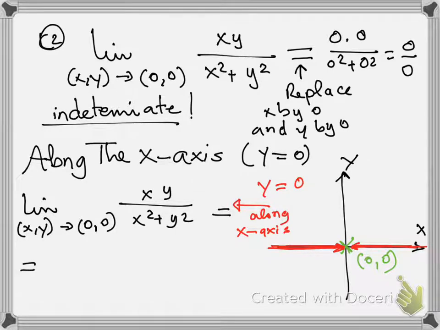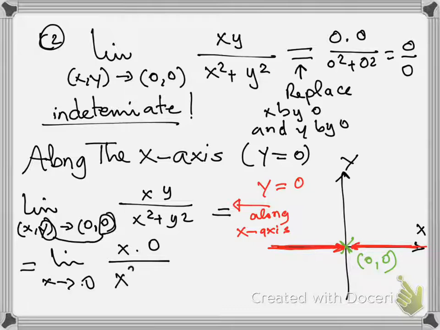So that will be equal to the limit as x goes to 0, since y is equal to 0 anyway. So x times y is x times 0, which is 0, over x squared plus y squared, and y is 0 along the x-axis, so plus 0 squared.